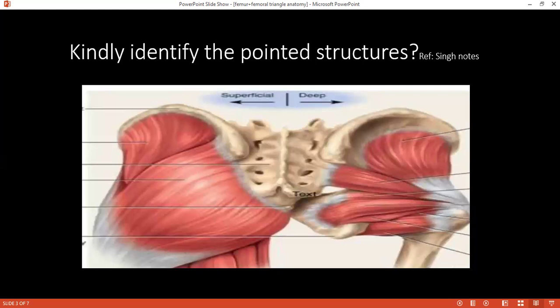And sciatic nerve, of course. Can you please identify gluteus minimus out of these muscles, on whichever side you can identify? Gluteus minimus muscle is visible over the right side, most laterally, arising from the ilium bone.